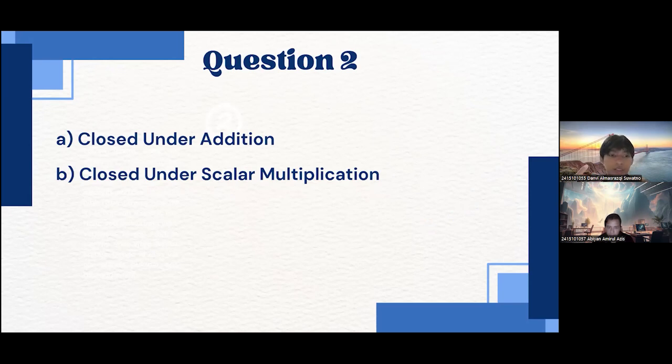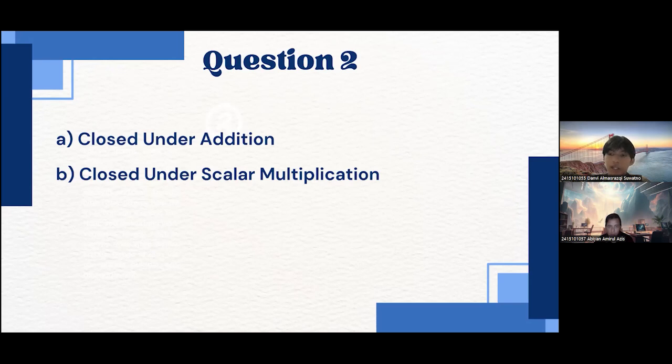The first one is closed under addition. If you take any two vectors on the line and add them together, the resulting vector will still lie on the exact same line, and the vector will not move off its path.